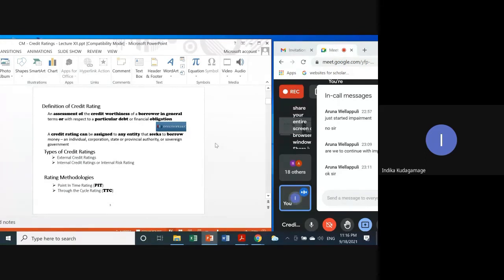Regulator wants us to rate each and every customer of ours, whether it is a retail customer or a corporate or SME customer. You have to give a risk rating, because risk rating indicates the credit worthiness of the customer. If it is an internal rating, it is our risk rating for our own customers. If it is external, a third party is doing the rating.